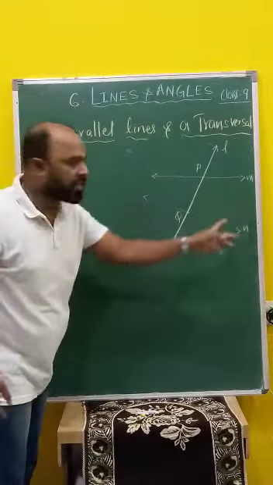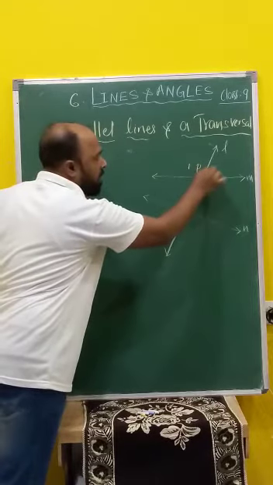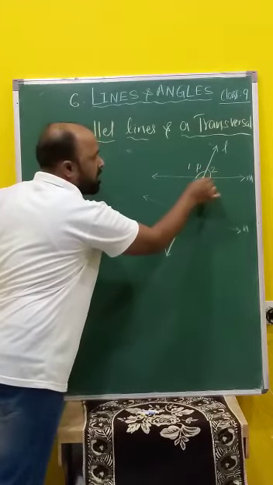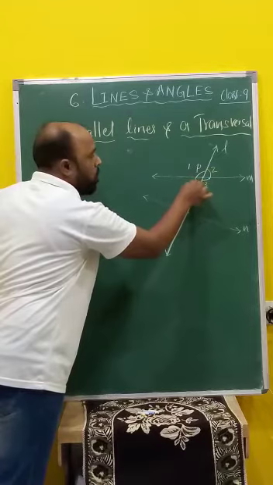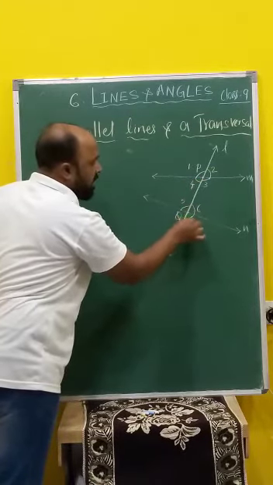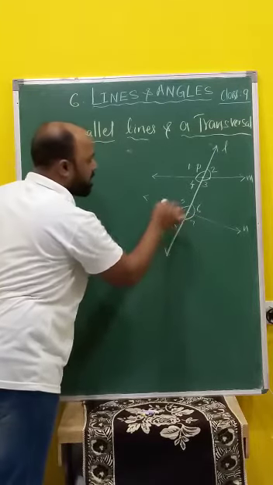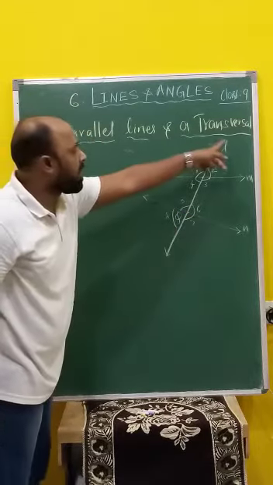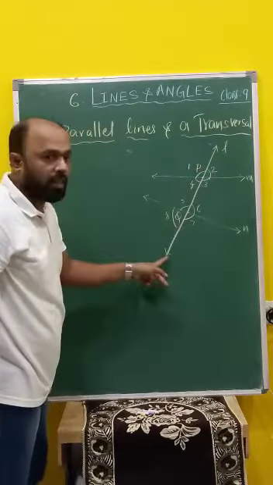Suppose this is angle 1, this is 2, this is 3 and this is 4, then 5, 6, 7 and 8. Clear, children? L is a transversal which intersects two lines M and N. Total 8 angles are formed: 1, 2, 3, 4, 5, 6, 7, 8.